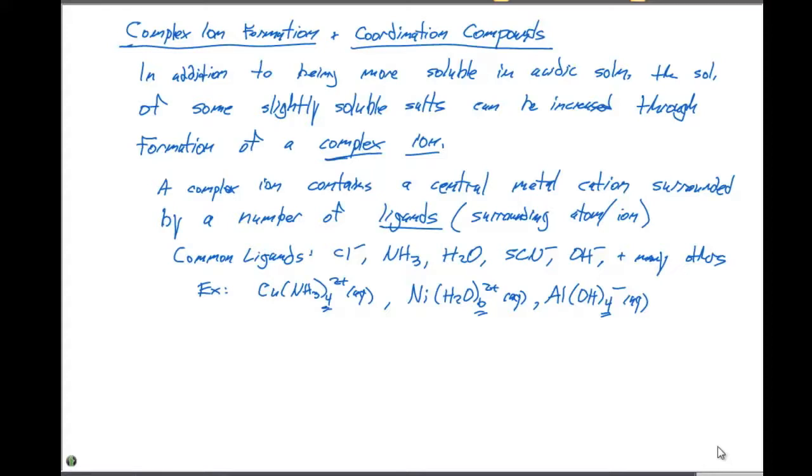The next question that you typically get is, how do I know when these complex ions will form? And how do I know how many ligands are going to surround the central transition metal ion?